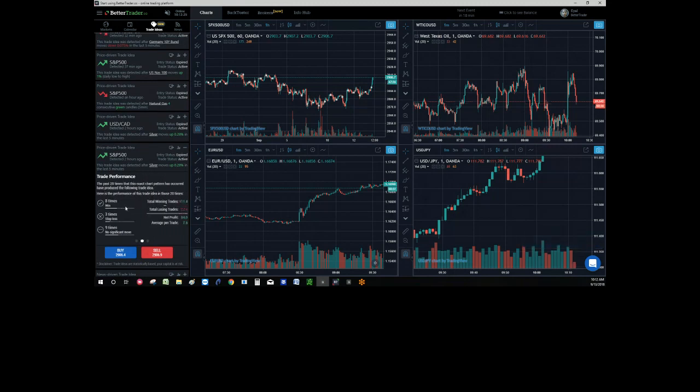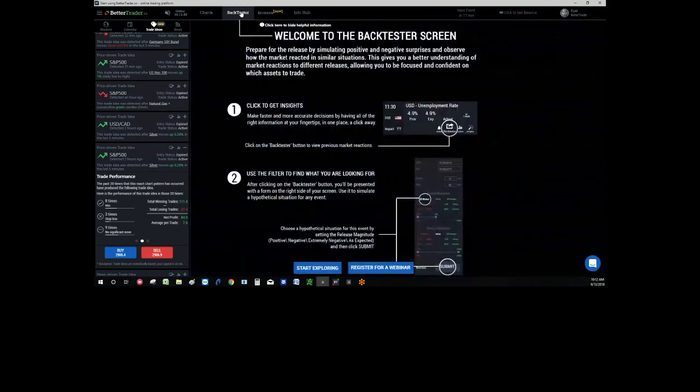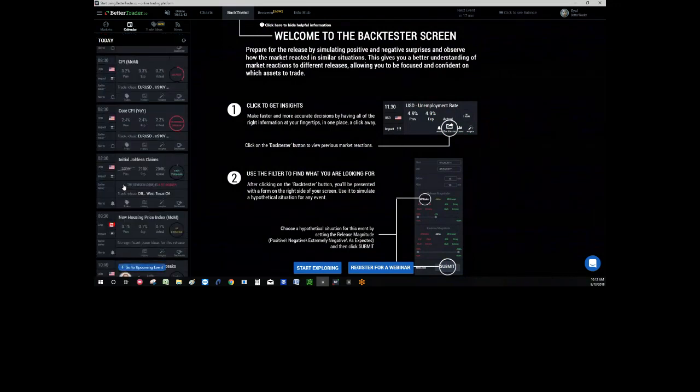But you want to see the statistics: 8 times it was wins, 3 times it was stop loss. Okay, I want to see how success looks. I want to see and prepare for the market, and for this I want to see really every single chart of how the markets move. And then you have the backtester, the same for core CPI.